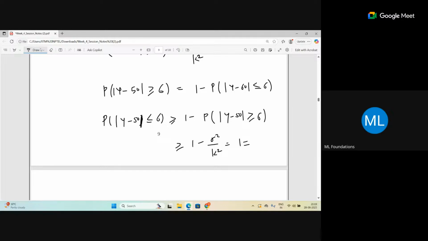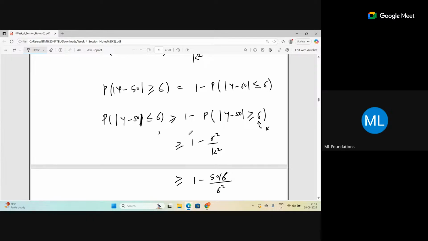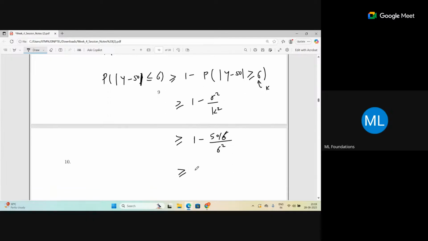Sigma square is 50 by 6, and what is k? K is this, right? So it is 6 square. So it is 1 minus 50 by 6 cube, right? What is the value of 6 cube?